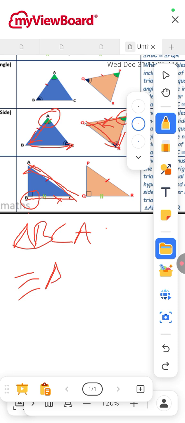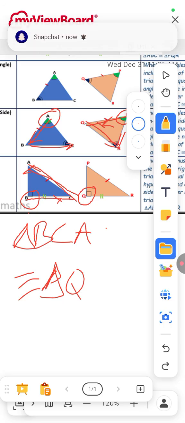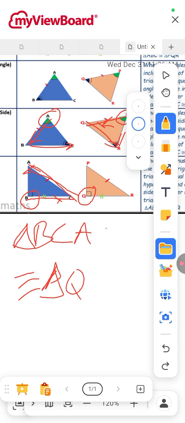So triangle BCA is congruent to triangle... how will I name this? I can't call it PQR, that would be wrong, or QPR, that will be wrong. Since I started with the right angle here, I'm also going to start with the right angle in the other one. That's Q. Then I move through the side that was stroked once to angle R. So that's QR.